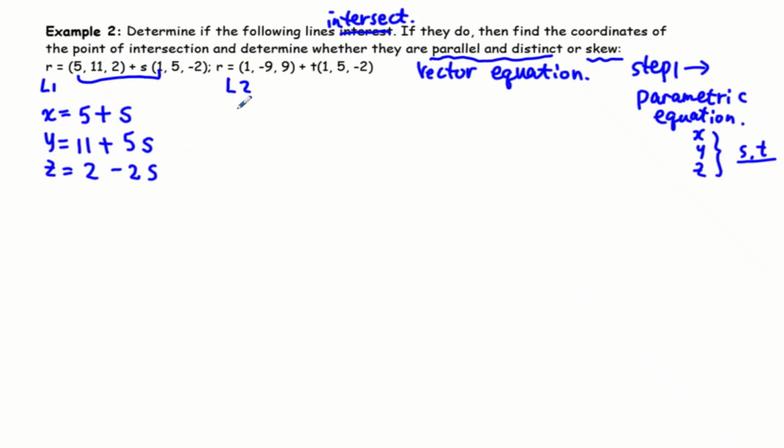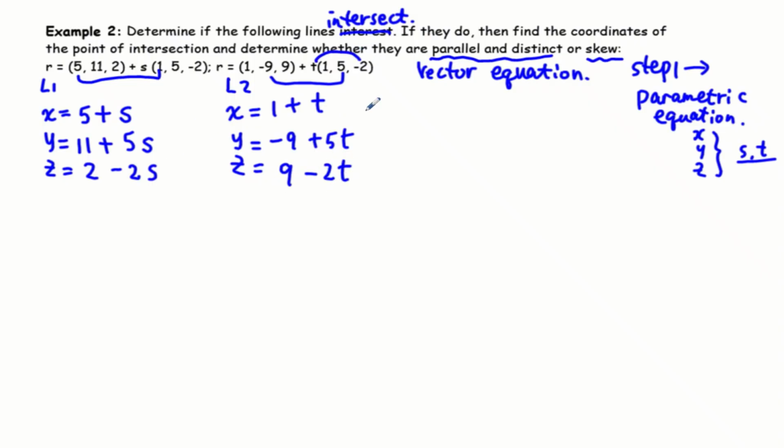The second equation, x, y, z equals 1 plus t, negative 9 plus 5t. So it's just second y direction plus y direction, then last one plus last one, 9. T times negative 2 is negative 2t. So we have these three equations.